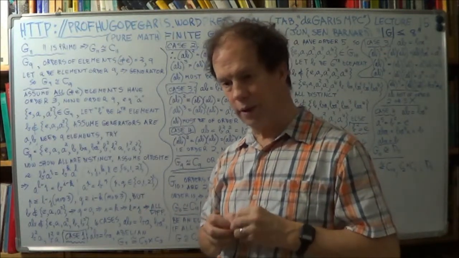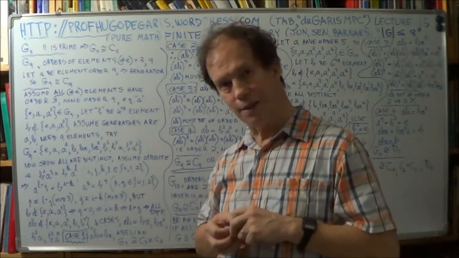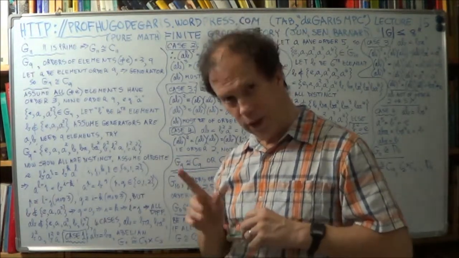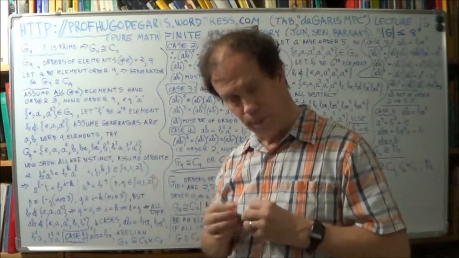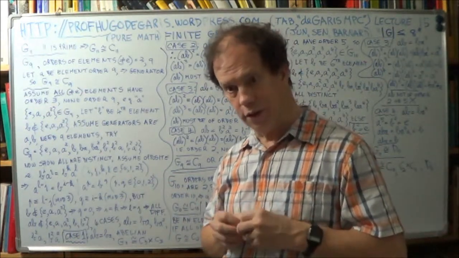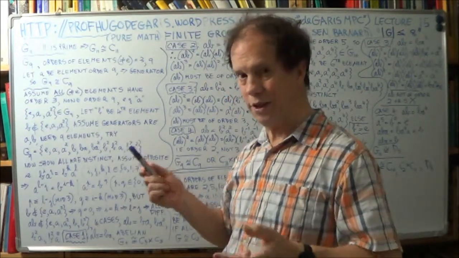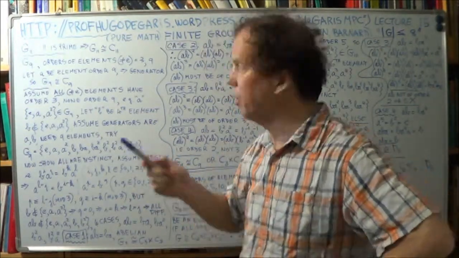Now, an alternative way to say much the same thing is to say that the order of any element of the parent group divides or is a factor of the order of that parent group. And in fact, that's that corollary. That's the one we're using.